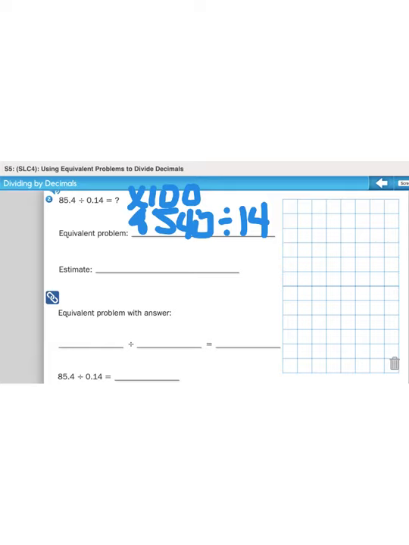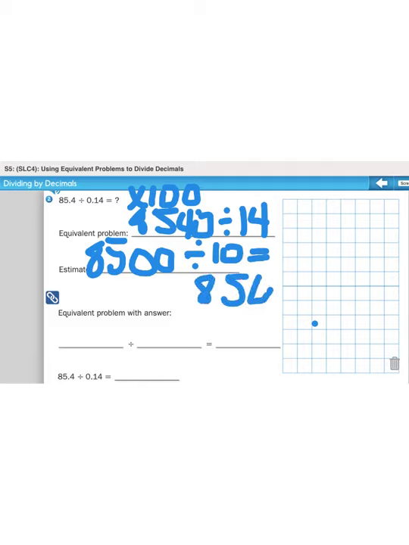For our estimate, I'm going to round that up to 8,500. Hard to read this sometimes. Divided by 10. We're going to change our 14 to 10. So that's going to give us an answer of 850 for our estimate.